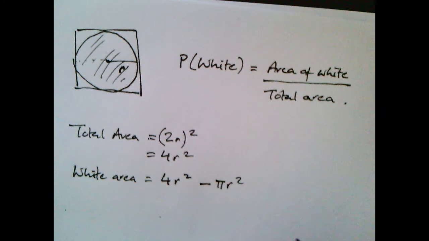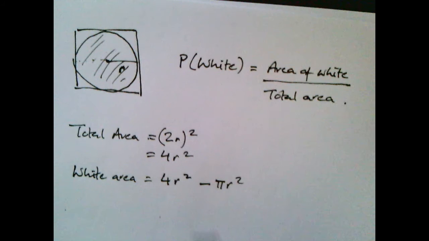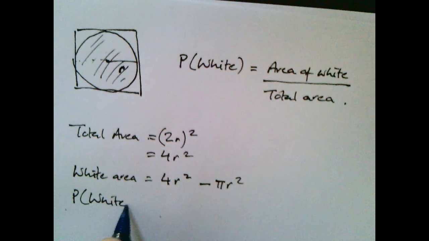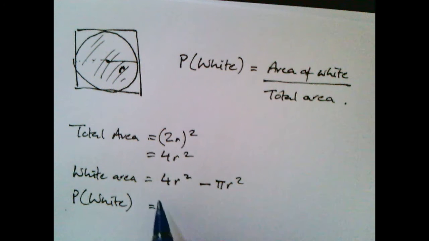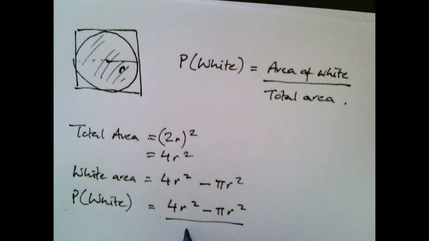So our probability, again going back to here, the probability of white is the white area, which is 4r squared minus pi r squared divided by 4r squared, the total area.